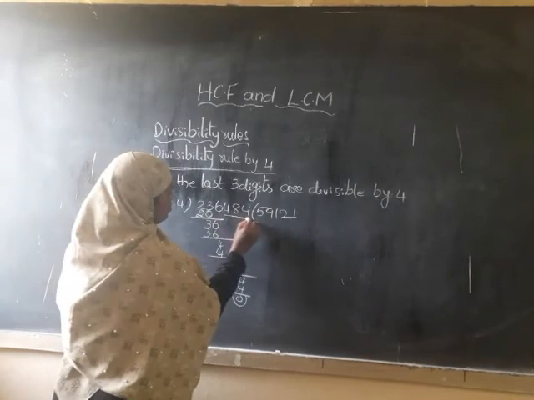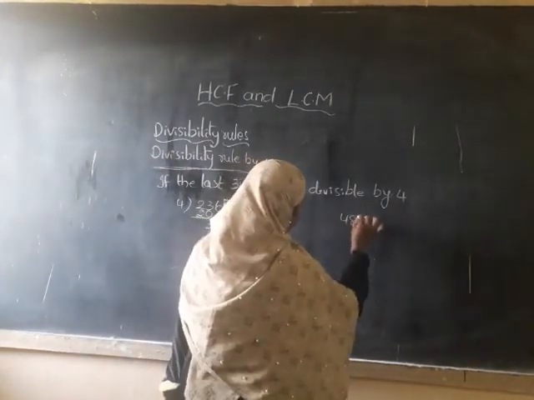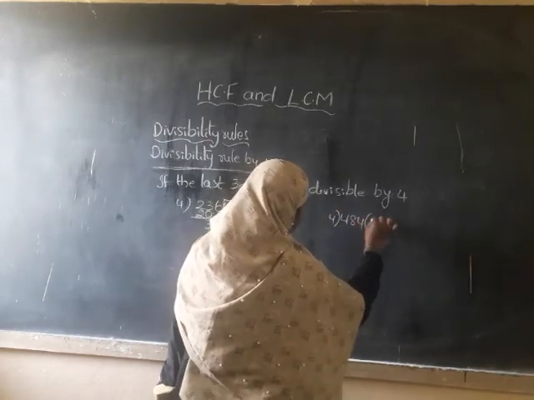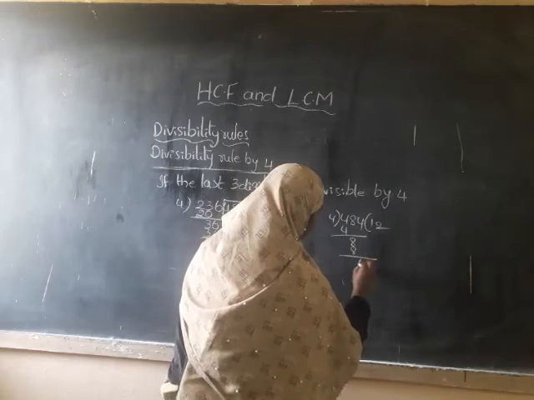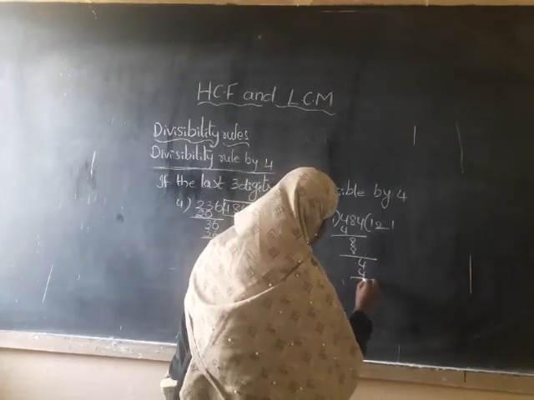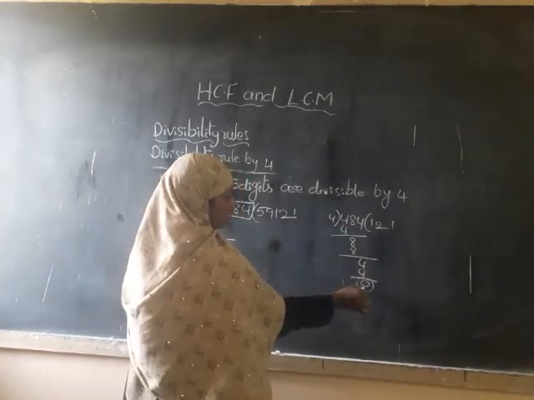Now according to the rule, just check the last 3 digits. That is 484. So 4 ones 4, 4 twos 8, again 4 ones 4. Now check the last 3 digits, you get the remainder 0.